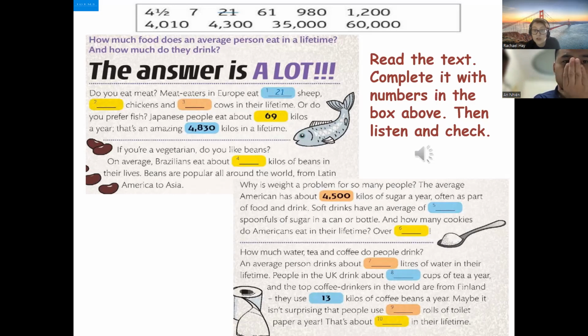Okay, so I read it for you. Do you want to try and guess which numbers go where? Okay, so if people eat 21 sheep, how many chickens do you think they eat?